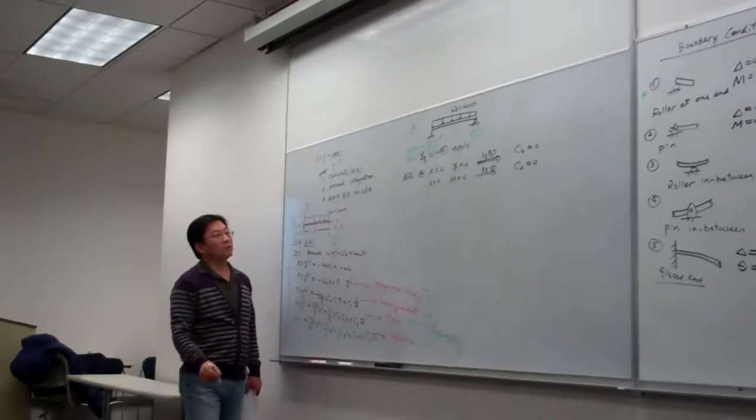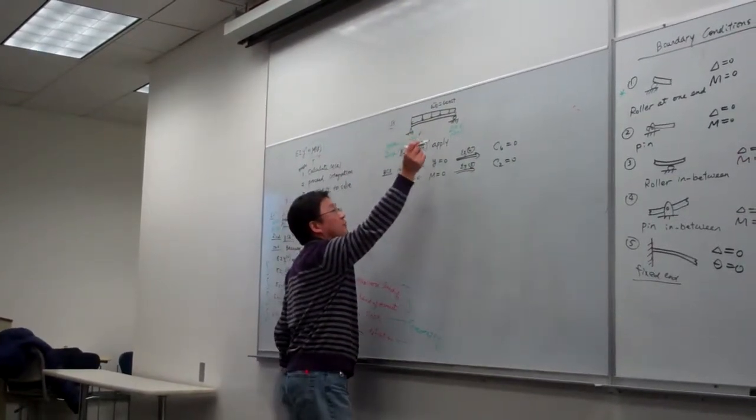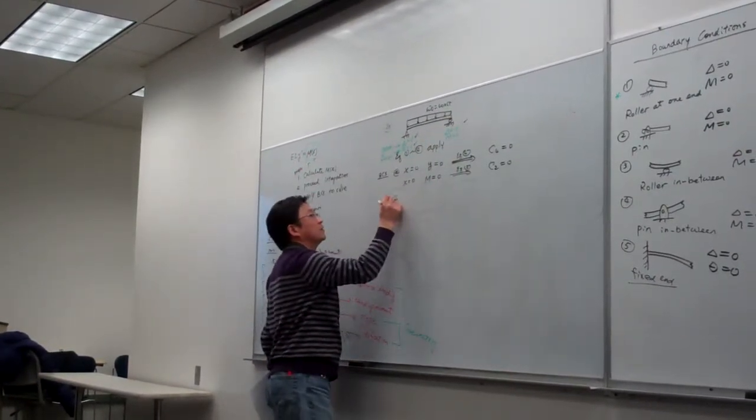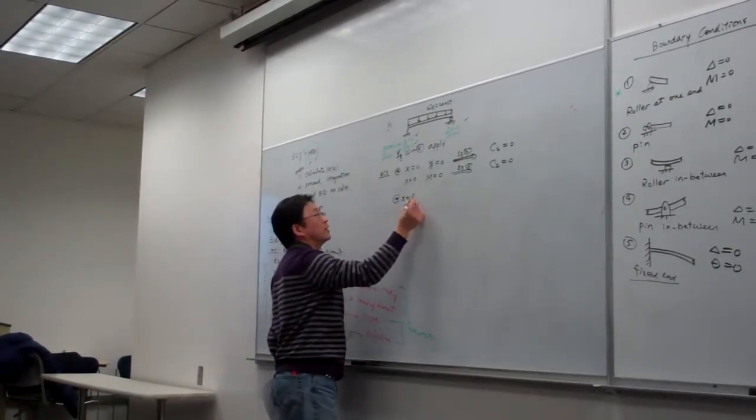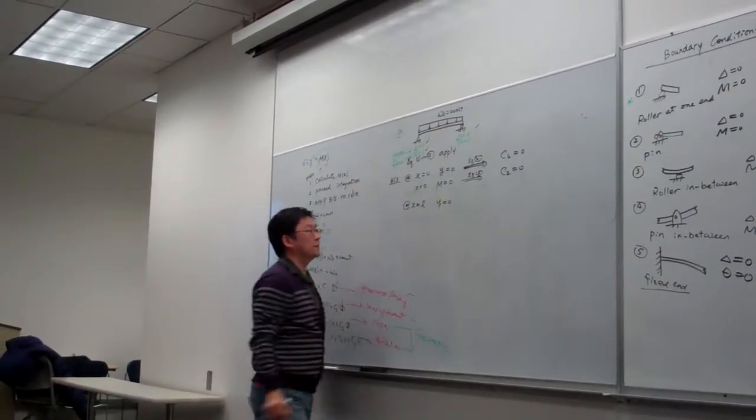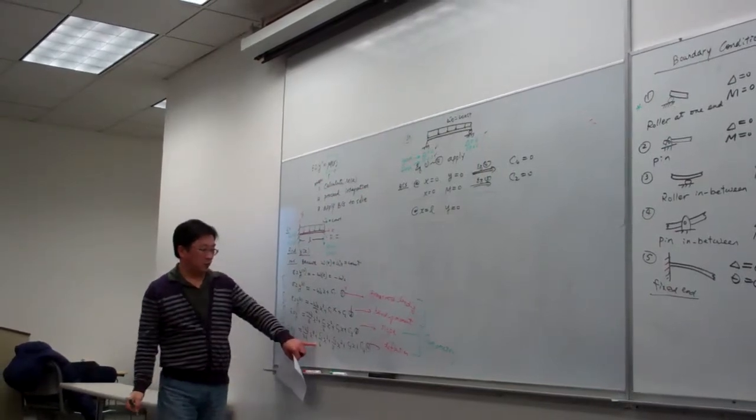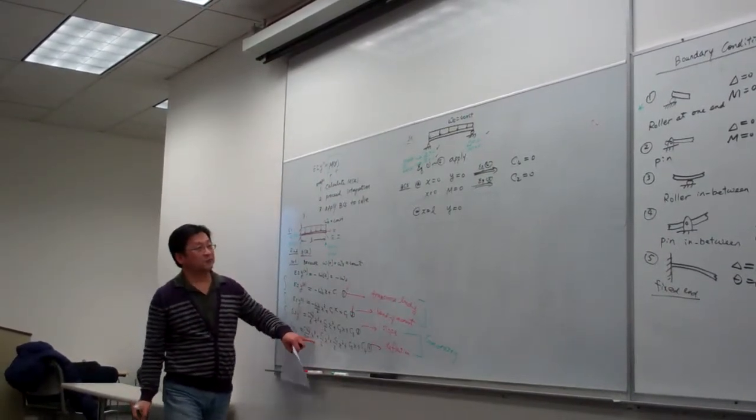Okay, now we have fixed two things, then we apply this side at x equal to L, where y equals 0. Again, we use equation 4, that's about the deflection.